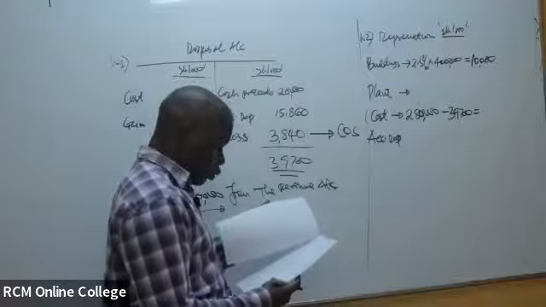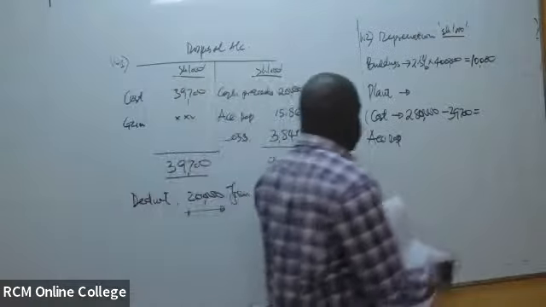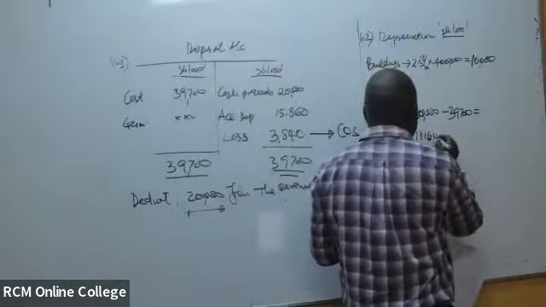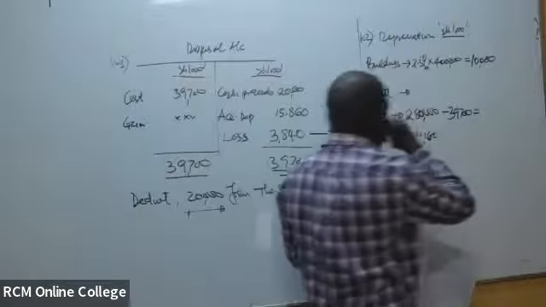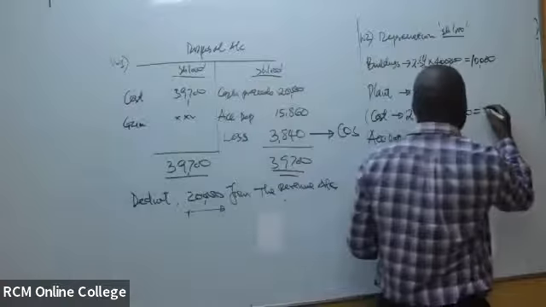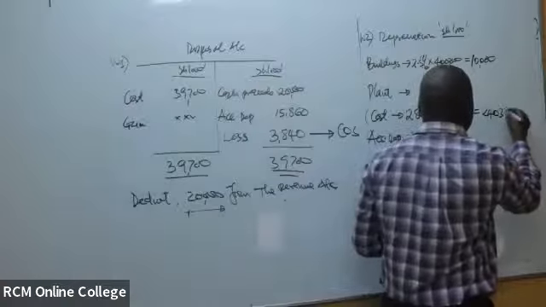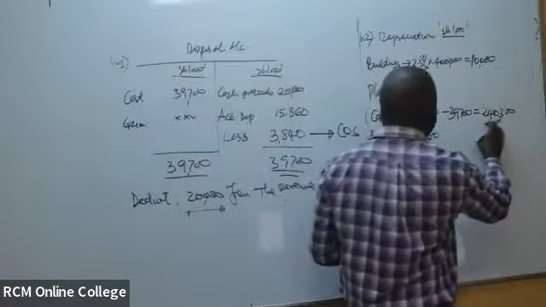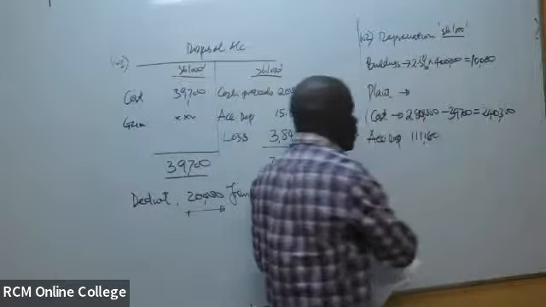On plant, it is 111,160. What is the figure you're getting here? It is 240,300. So when you remove the item of plant which was sold, this is the cost of the items of plant which you are remaining with.